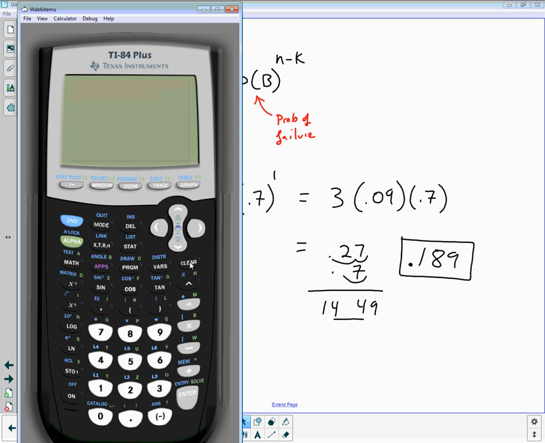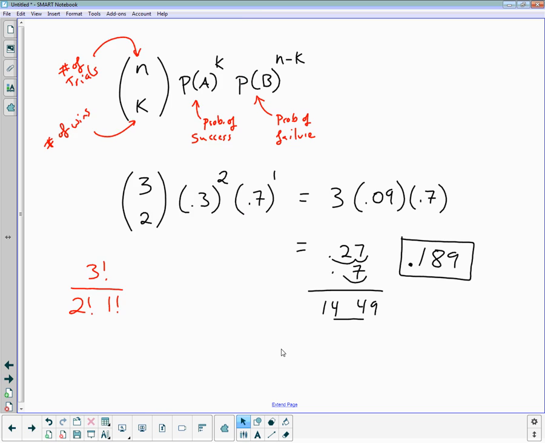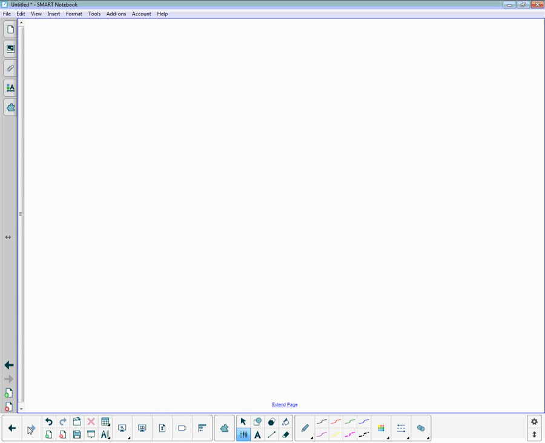All right, so the binomial distribution. Okay. To get to the binomial distribution in your calculator, you're going to hit second distribution, and then you're going to go down.